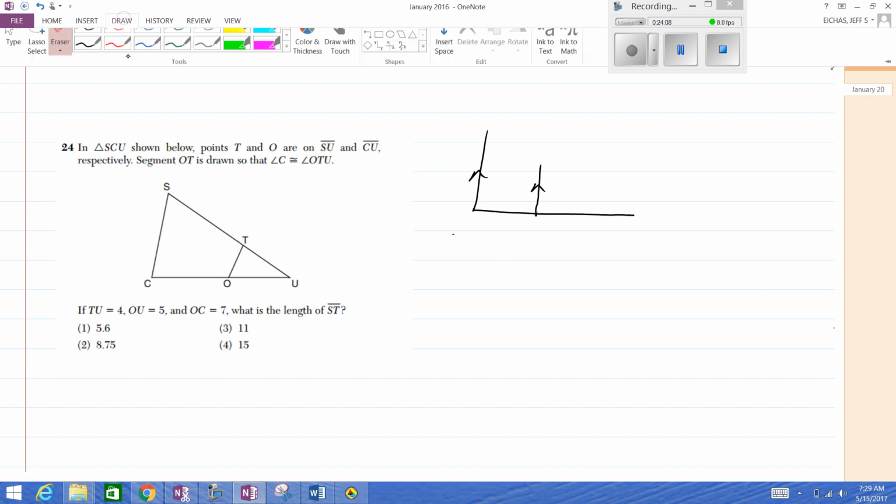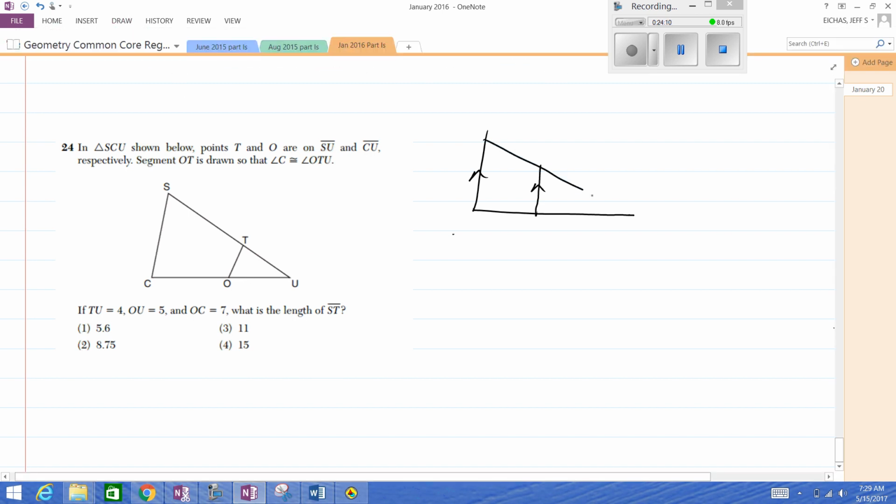Okay. So we'll go through, and it says TU is 4, OU is 5, OC is 7. You're going to want to add those together to make it 12. And they want to know the length of ST, but really, this is x plus 4. All right. Where's the other information?